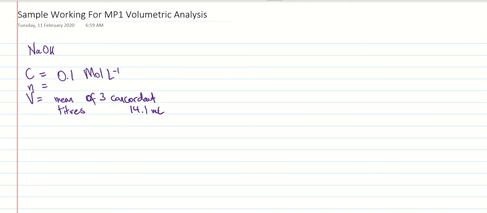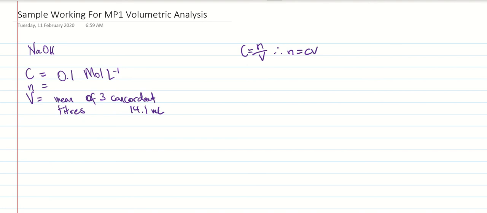So what we need to do is calculate the number of moles in those 3 concordant titers. So we just need to consider the formula C equals N on V, so the concentration equals the number of moles divided by the volume. But we know the concentration, we know the volume, so therefore we need to find the number of moles. So N equals CV.